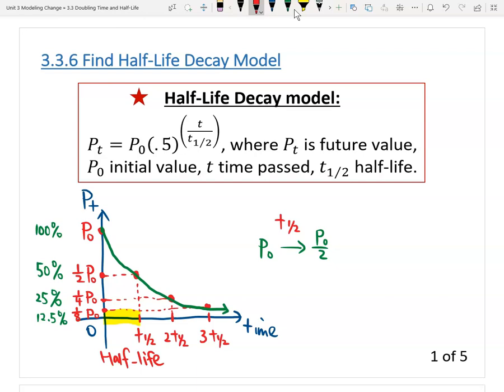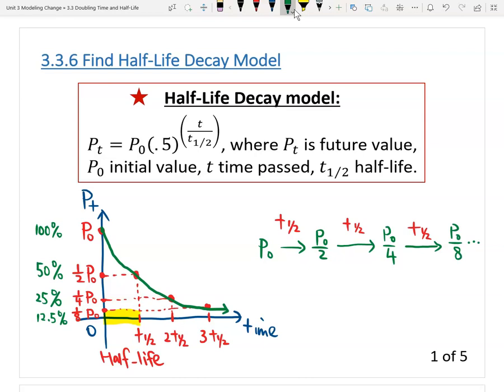Okay, so let's go on. If we go through another half-life time, the value goes down from here to P0 over 4, right? Continue, if it goes on another half-life of time, the value now from here goes down to P0 over 8.